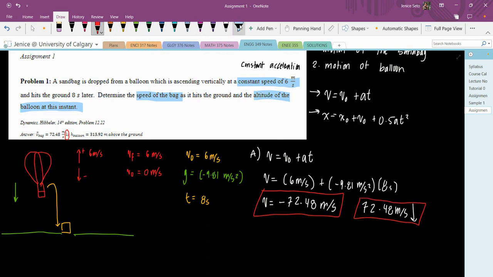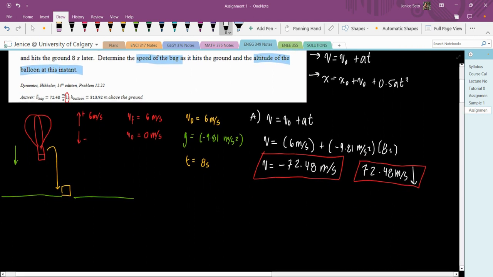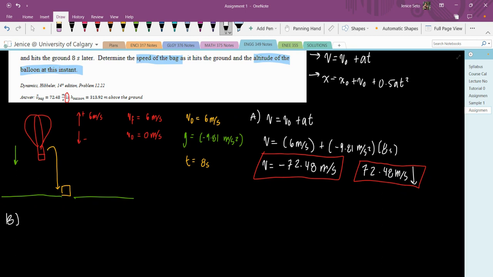All right, so now for part B of this question, we want to find the altitude of the balloon in this instant, right? So how high does the balloon have to be in order for the sandbag to take 8 seconds to hit the ground? So we're going to be using this second equation here, and the values for our balloon that we wrote down earlier.